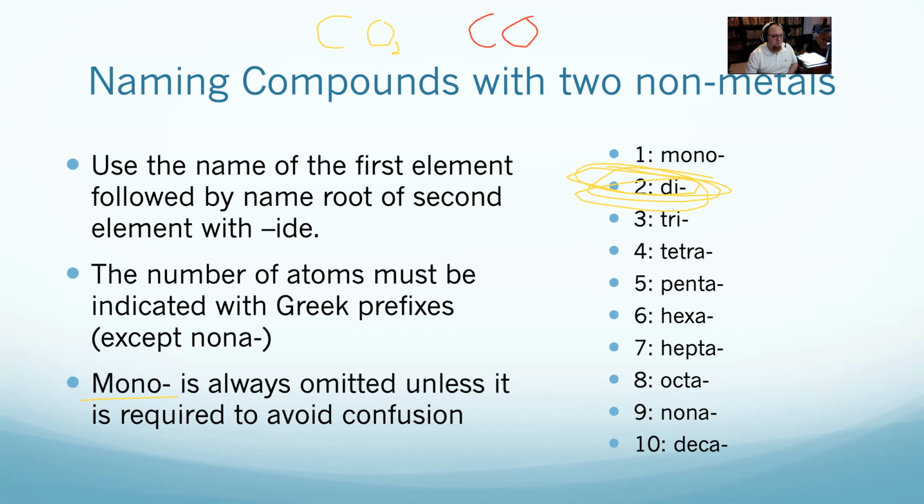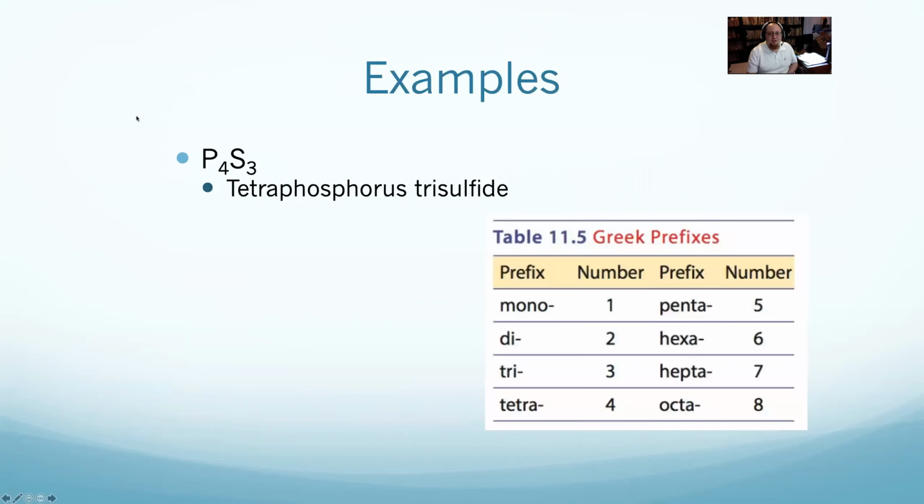Take, for example, P4S3. P4S3 is tetraphosphorus trisulfide, because P stands for phosphorus and S stands for sulfur, becoming sulfide.